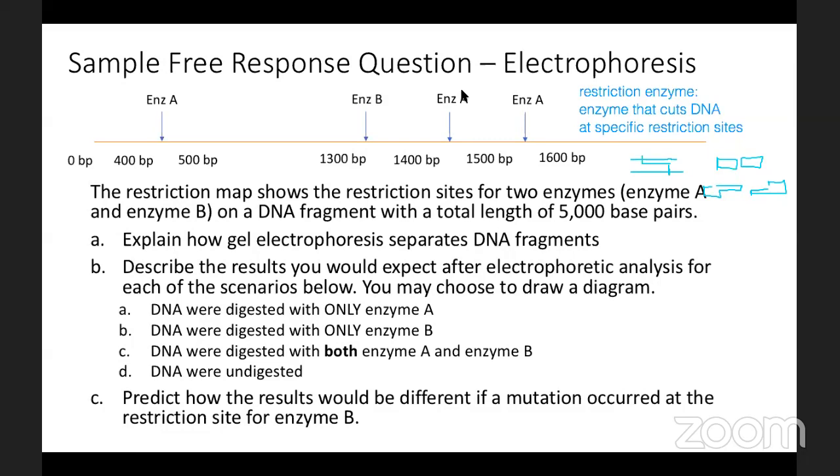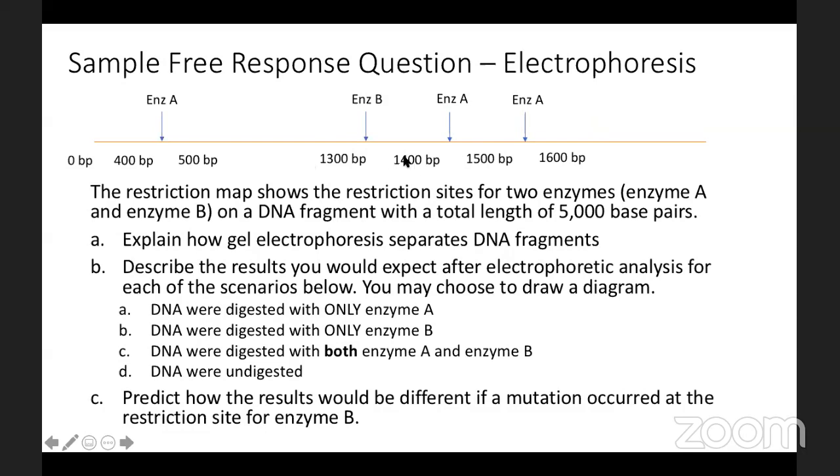I'm going to clear these drawings and get back to the question. So these two enzymes are cutting the DNA at these different sites. The first question chunk tells us to explain how gel electrophoresis separates DNA fragments. The second asks us to describe the results and tells us that we can draw a diagram.